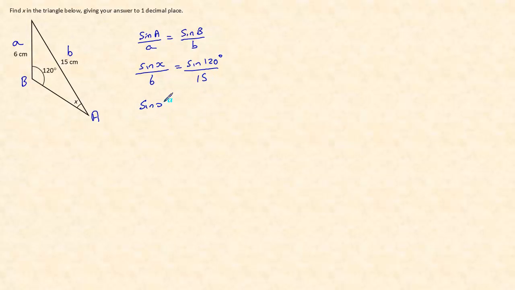So sine x is going to be 6 times sine 120 over 15. And so we can say that x is the inverse sine of 6 times sine 120 over 15.